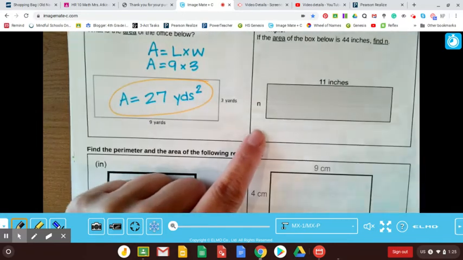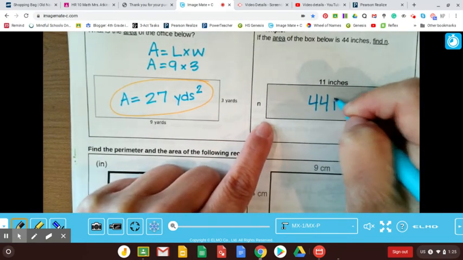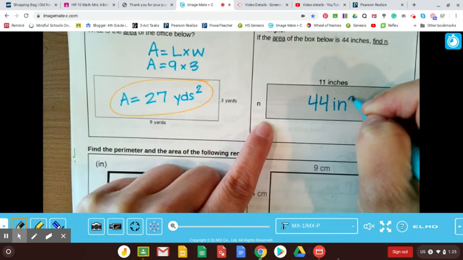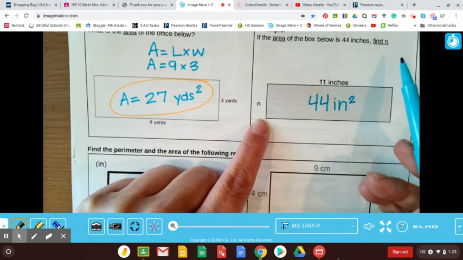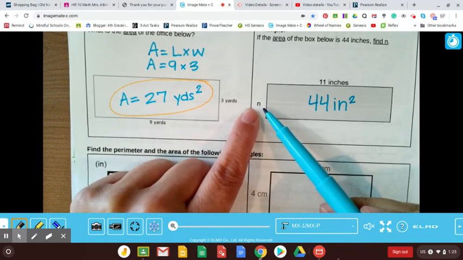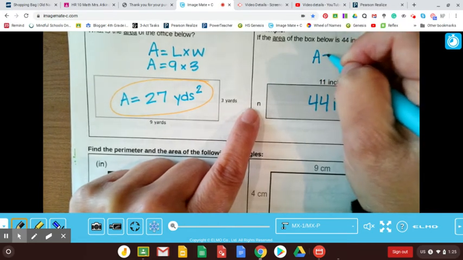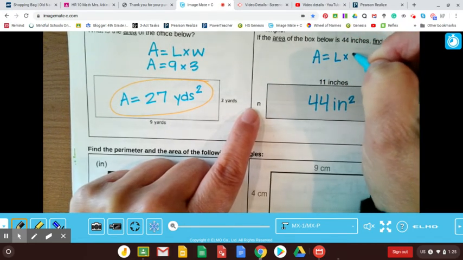Okay, let's do another one. If the area of the box below is 44 inches, that means inside is 44 inches, then what would n be? So we want to know the width, right? All right, well, this is easy. We know area equals length times width.